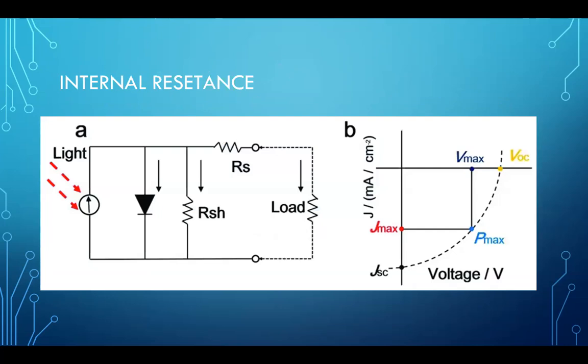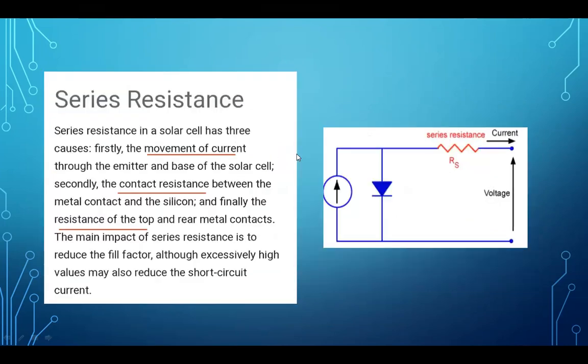And we have something else. We dealt with the ideal case. Now, if I'm talking about the real case, I always have some resistance. The internal resistance that I measure consists of two parts: the shunt resistance and the series resistance. The series resistance is connected in series, mostly because of the contacts.